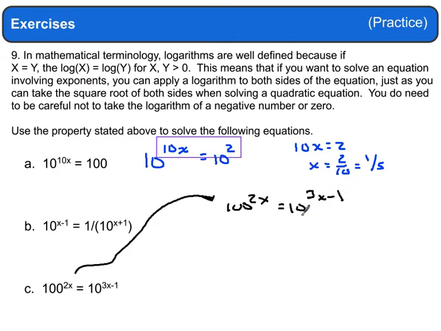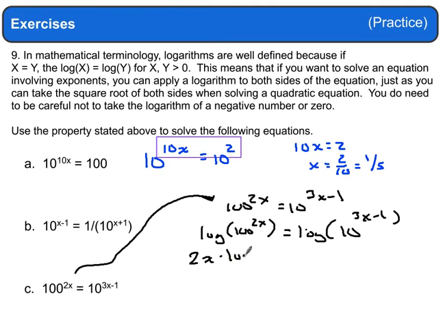So what we'll do is we'll rewrite this. We can log both sides, which equals log 10 to the 3x minus 1. We can move this 2x to the outside. That gives us a log 100.